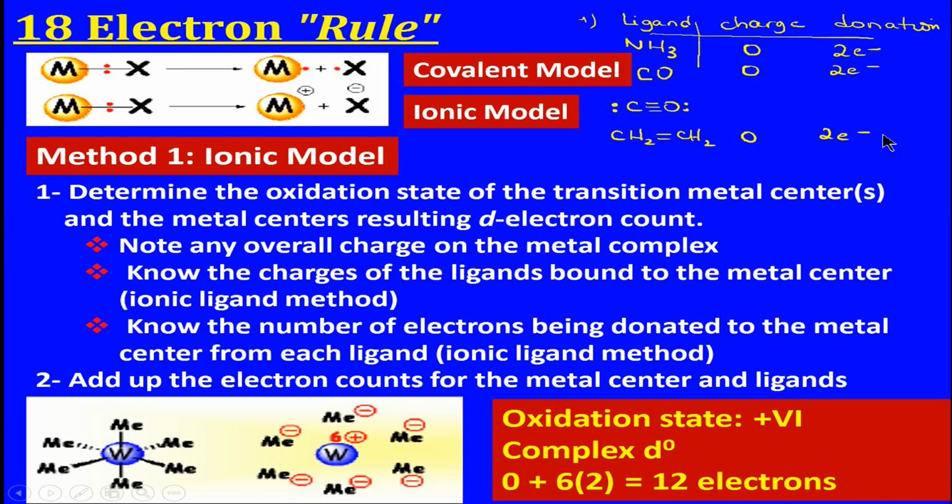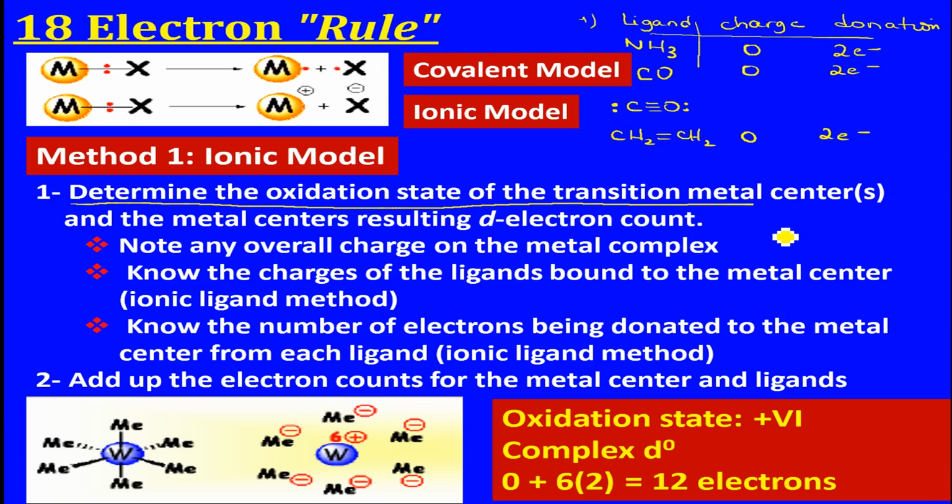So first we construct this table, charge and donation of the ligand. Second, determine the oxidation state of the transition metal, and pay attention that the sum of the oxidation states is equal to the charge of the complex.